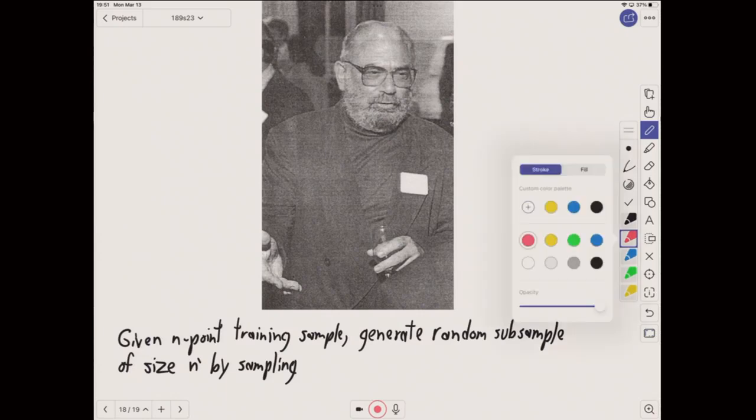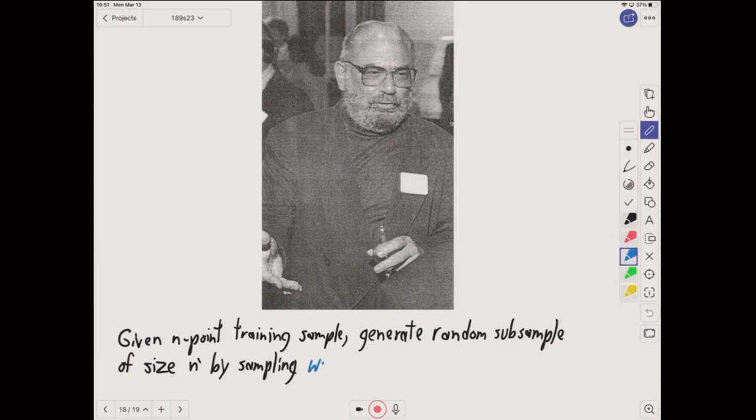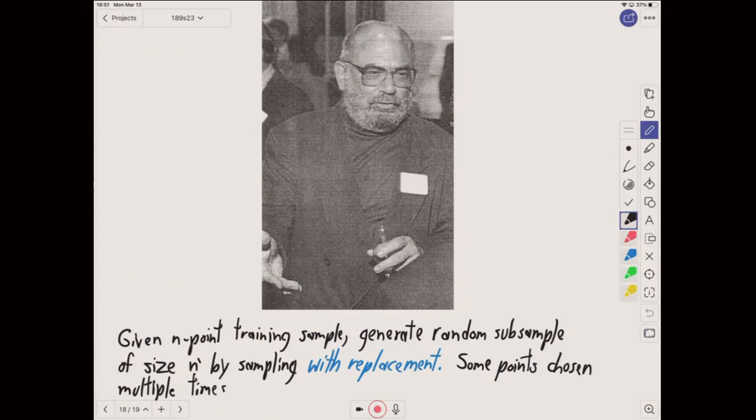And I've got to emphasize that part, sampling with replacement, which is weird. Yet it works well in this case. And so what that means is that when we take a subsample of our training data, some points will be chosen multiple times because we're sampling with replacement. And some points won't be chosen at all.